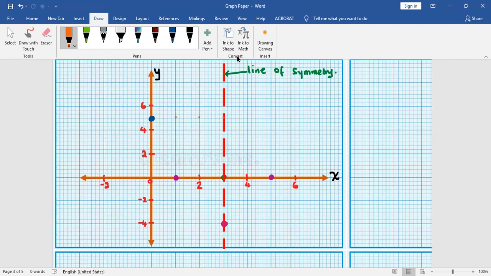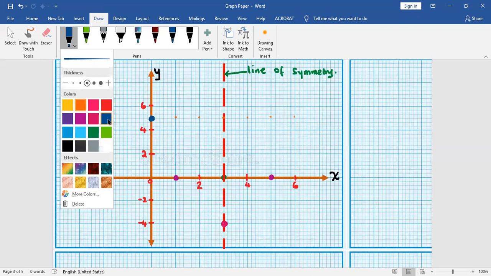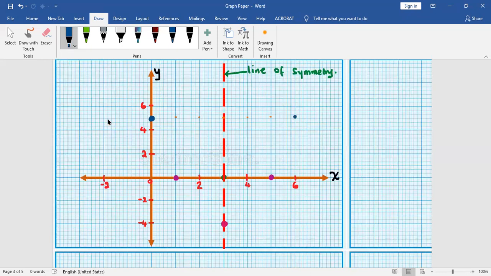So I can also count 3 on the opposite side of the line of symmetry. So 1, 2, 3. Here I can put another mark to show that the graph will also pass here. And we know that it is upward opening.